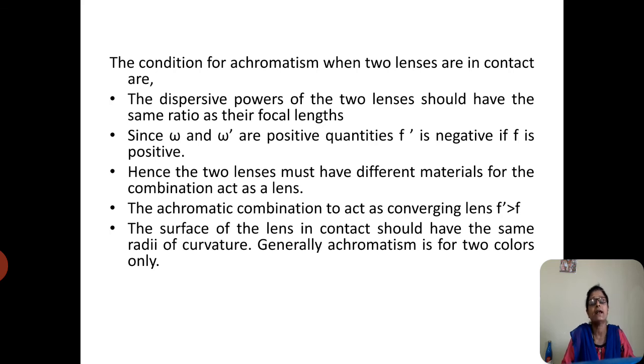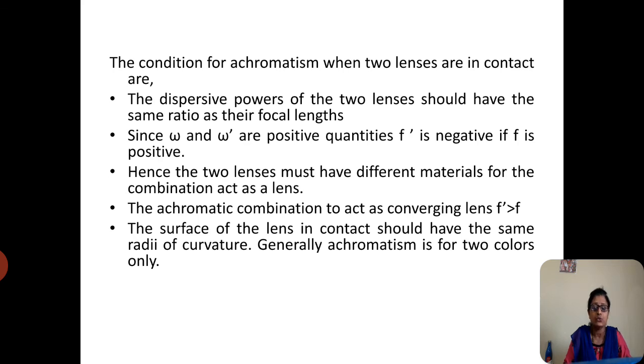It means that one lens must be concave and the other lens must be convex. If the two lenses are made of the same material, that is omega equals omega dash, then the focal length is infinity. It means that the combination acts not as a lens but as a plain glass sheet.